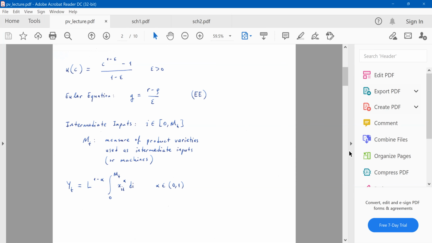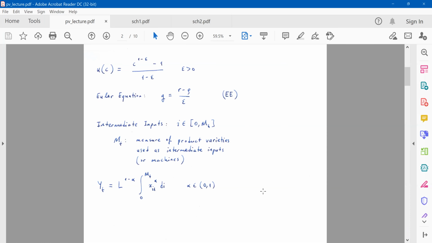Now, this production function has labor in it. L is labor. Okay, and for the moment, we assume that L is constant. So the labor endowment of this economy is constant, or the number of workers is constant, and alpha is a parameter that determines the curvature of the technology.